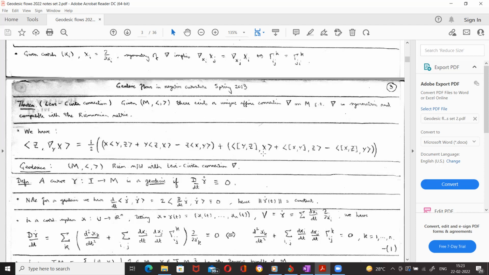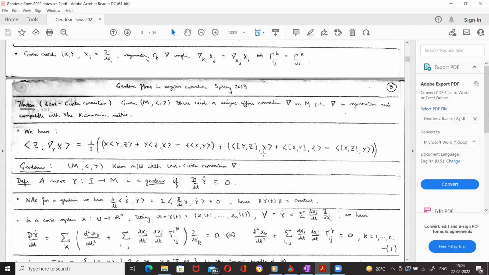For a submanifold of Rn, the covariant derivative along a curve is you just take the usual derivative and then take its tangential component. That gives you the covariant derivative along a curve. In fact, the connection was also taking the connection in Rn and restricting it to the tangential component.